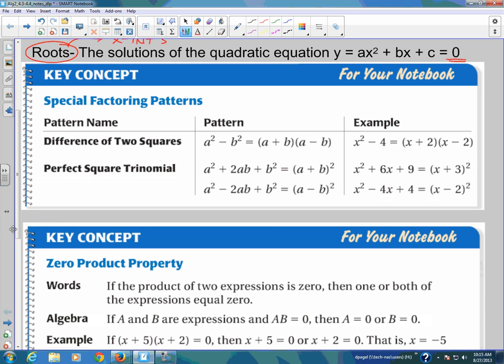All right, some special factoring patterns. You've seen these before. Difference of two squares. What makes something a difference of two squares? Well, first, it's a binomial. Secondly, each of the terms are perfect squares. I can have a variable that's a perfect square as long as the power is an even number. I can have an integer on that b squared value as long as it's a perfect square.